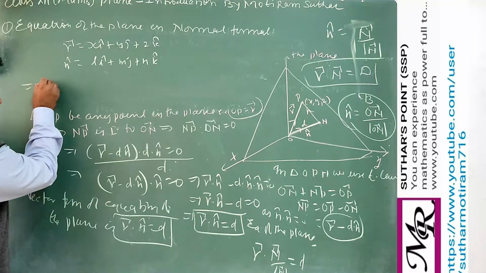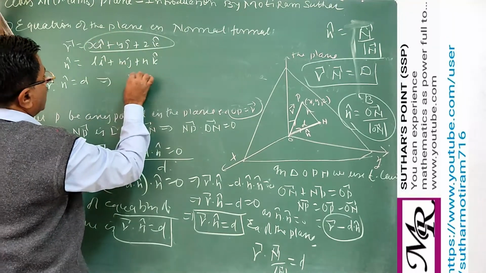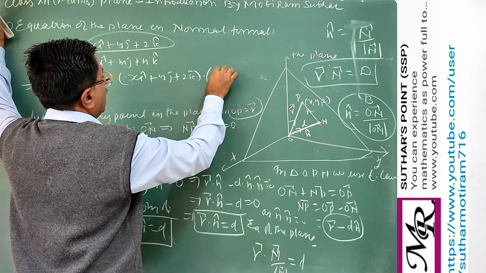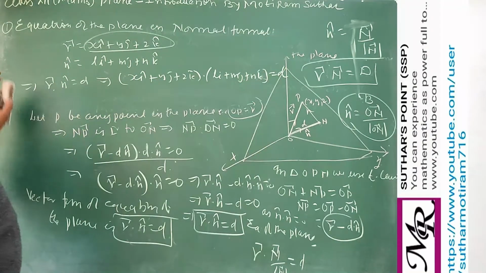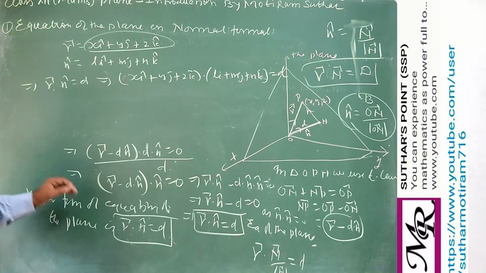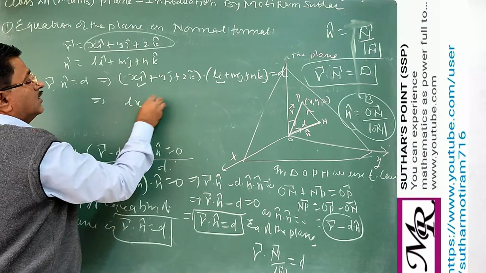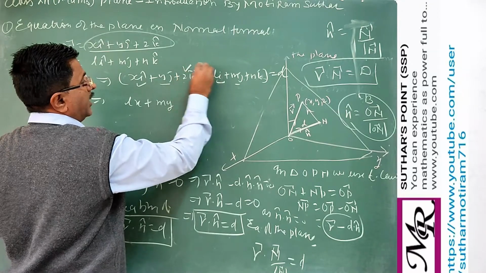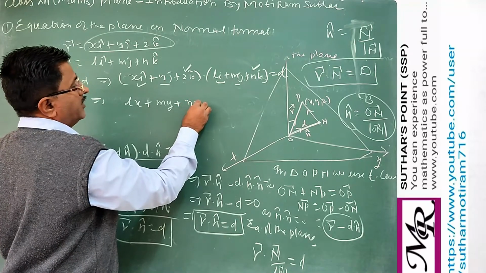Now put these in the formula and simplify. What formula? r dot n cap equal to d. So r means this vector xi plus yj plus zk, dot li plus mj plus nk, equal to d. Clear? Now we have to multiply this. As you know, i with i, so lx, j with j, my, and zk with nk, nz.